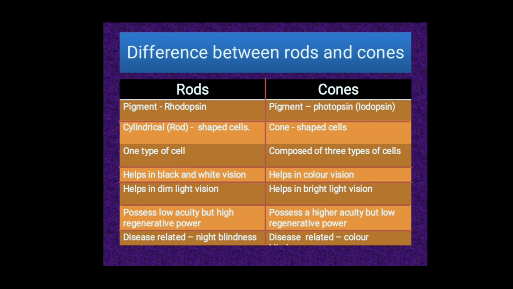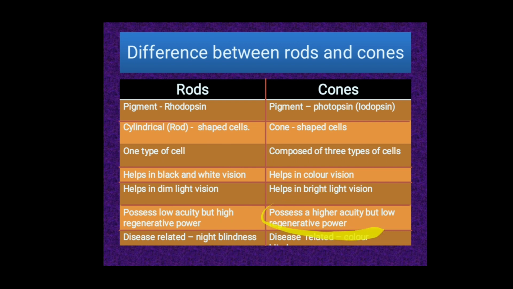But when we think about the cones, it is the reverse. The cones possess high acuity but they have a low regenerative power. So they provide very high accuracy but the regenerative power is very low.